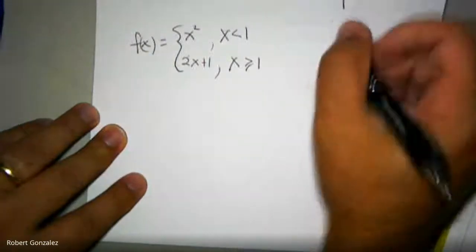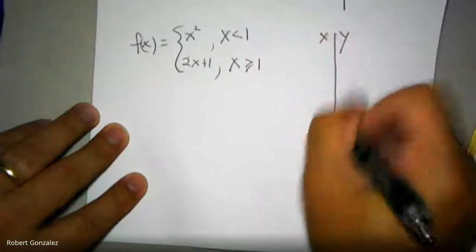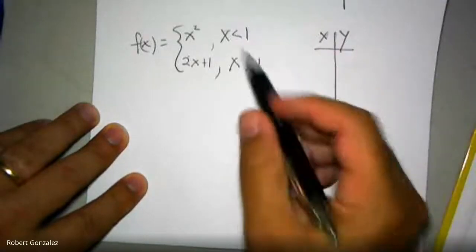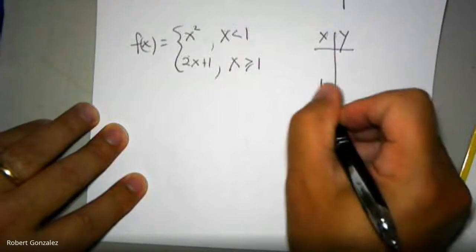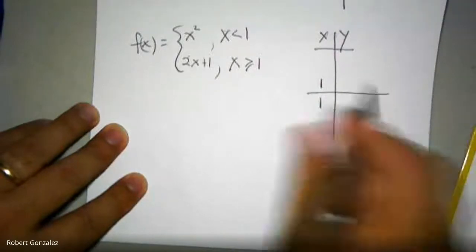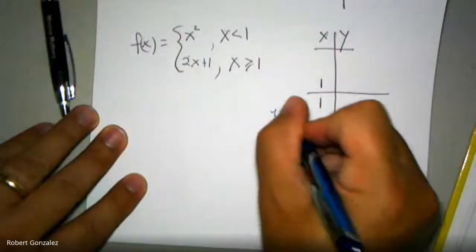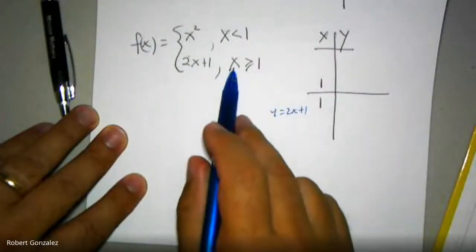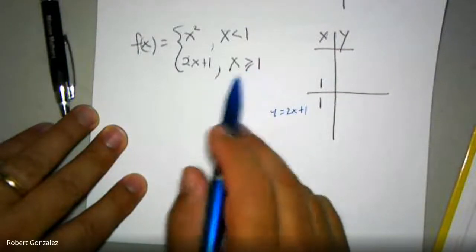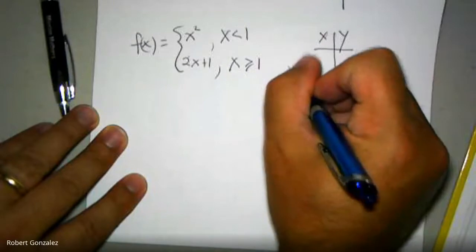Let's start organizing it the same way we did earlier. My cutoff point is 1. So I'm going to do 2 1s. For the bottom half, we're going to do the equation y equals 2x plus 1, because that's the numbers that are greater than 1. For the top part, which is the less thans, we're going to do y equals x squared.